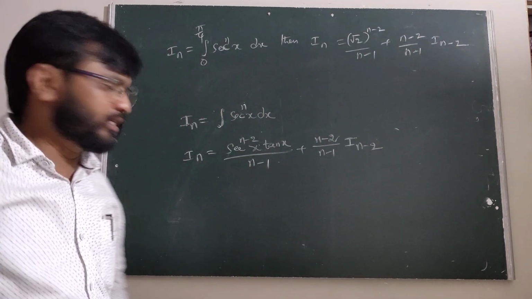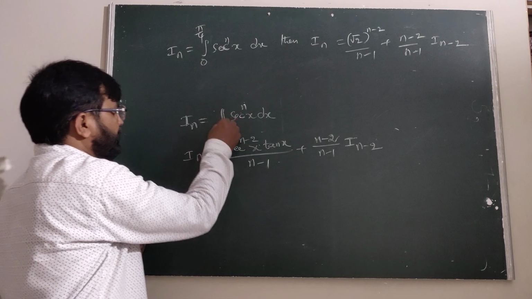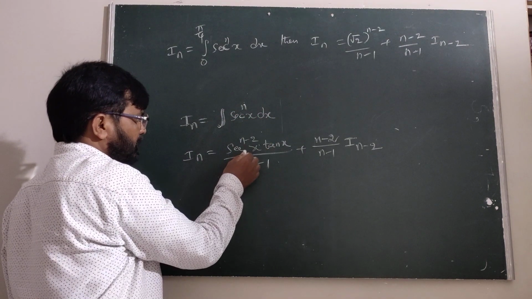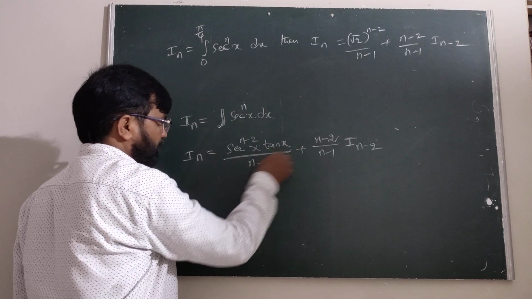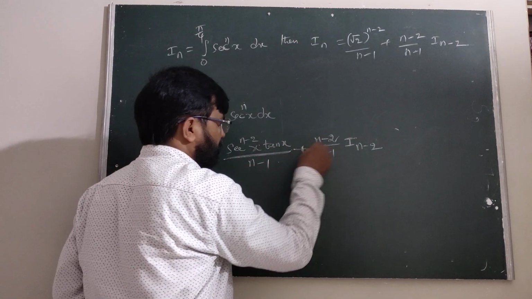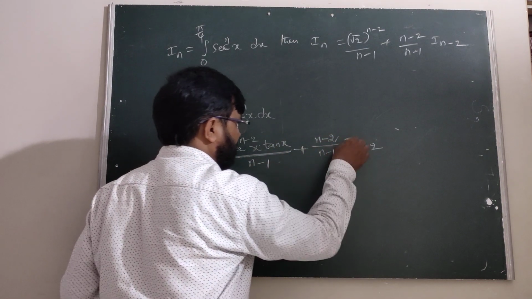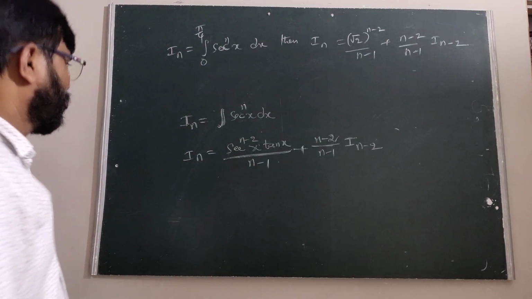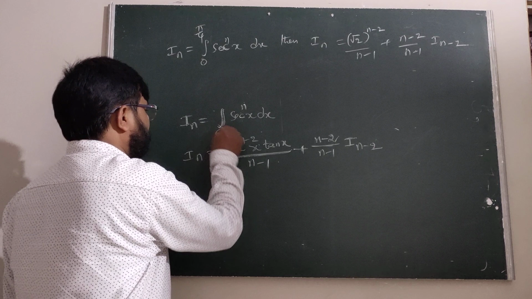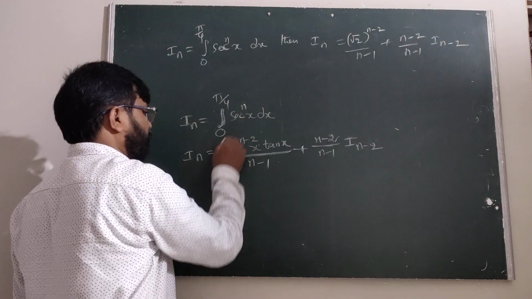We know that the integral secant power nx dx is secant power n minus 2x into tan x by n minus 1 plus n minus 2 by n minus 1 into In minus 2. Now we apply the limits 0 to pi by 4.